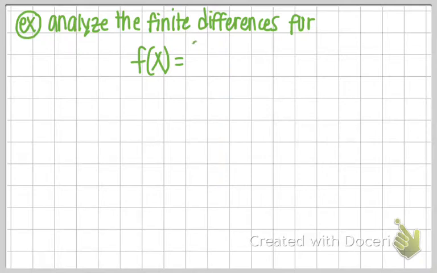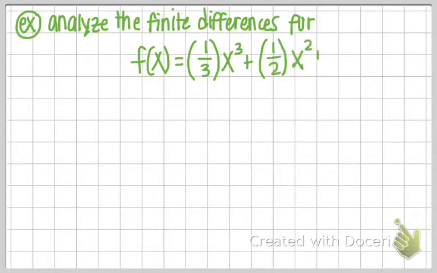So if you weren't here, make sure that you take a look at it and try it out on your own. So we start out with 1/3 x cubed plus 1/2 x squared plus 1/6 x. So here's a cubic function, right?